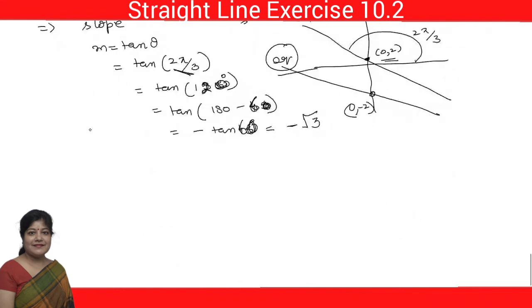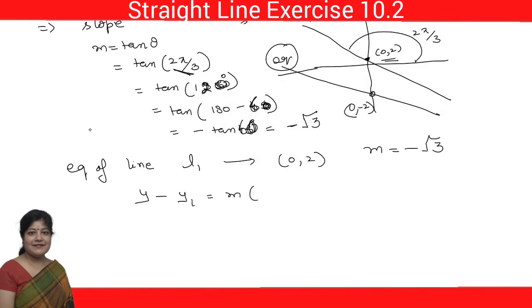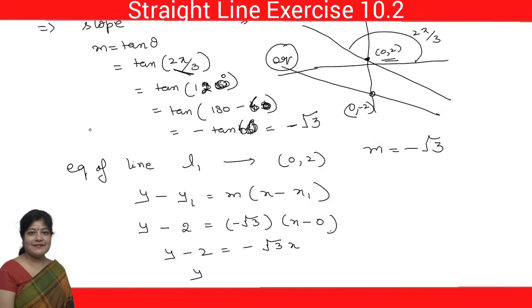So the equation of line L1 passes through (0, 2) and has slope minus root 3. We have the formula y minus 2 equals slope times x minus 0, which gives minus root 3x.